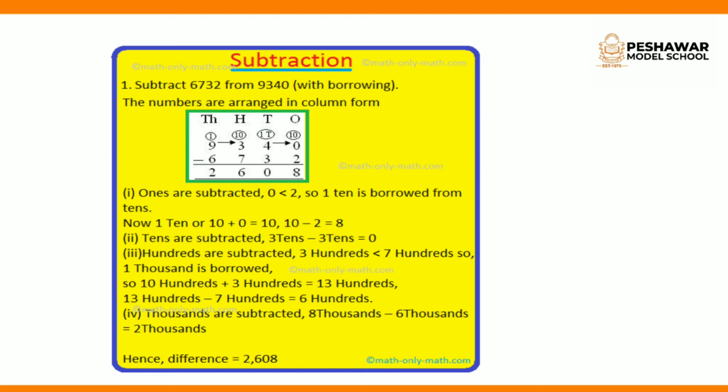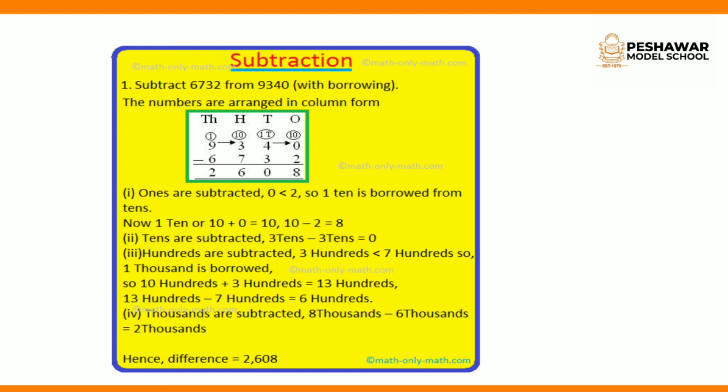The bigger number is 9,340 and the smaller number is 6,732. You have to write 9,340 first and 6,732 under this number.